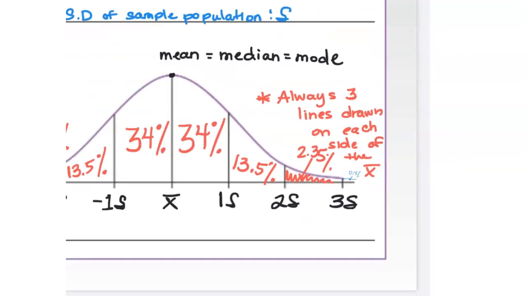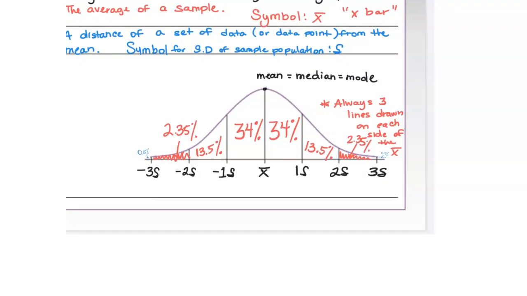So please note that all together, and you guys can stop and actually add it up, 0.15 plus 2.35 plus 13.5 plus 34 plus 34 plus 13.5 plus 2.35 plus 0.15, it should give you 100%. So 100% of our data will be represented under our normal distribution curve. Again, this is 34, 34, and so on and so forth. Once again, mirrored on both sides.